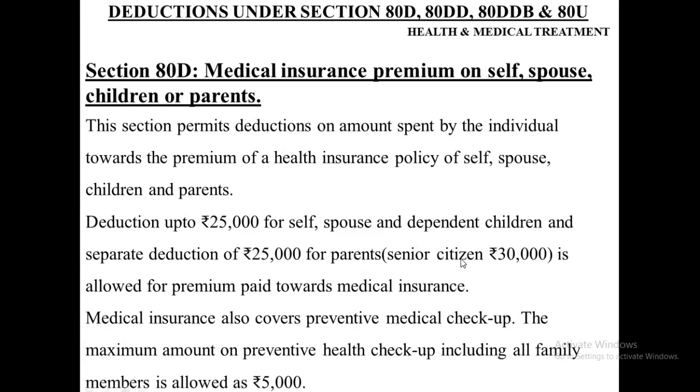If the parents are senior citizens above 60 years, it will be up to 30,000. The medical insurance also covers preventive medical checkup. If the parents, dependent children, spouse or the assessee himself undergo medical checkups, he can claim 5,000 as deductions under section 80D.